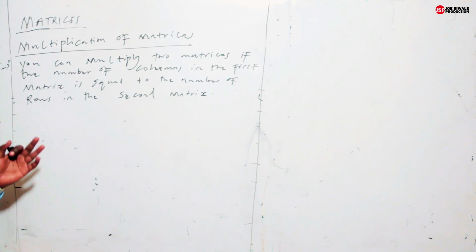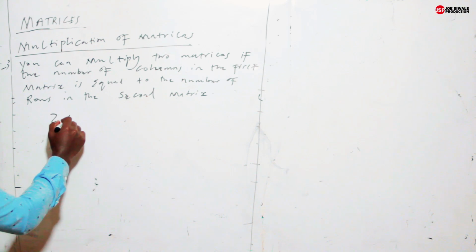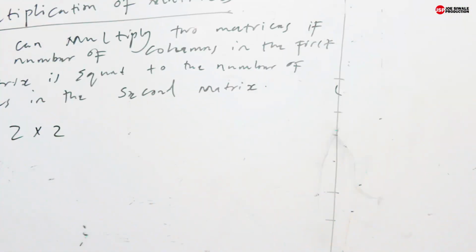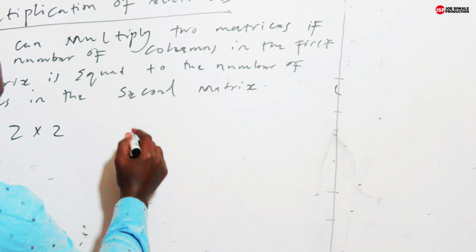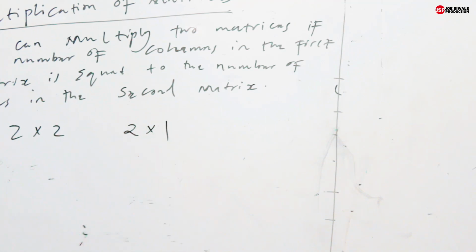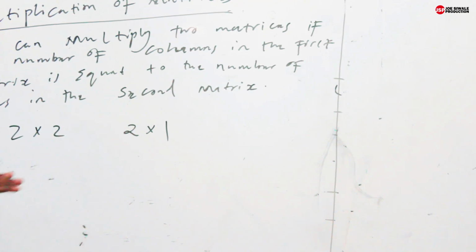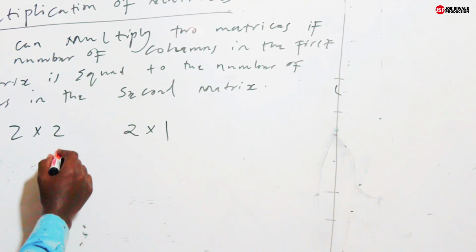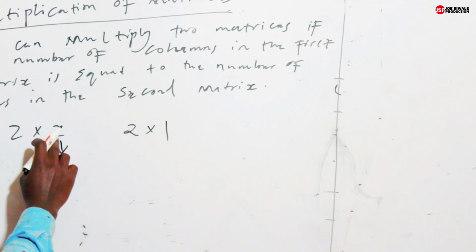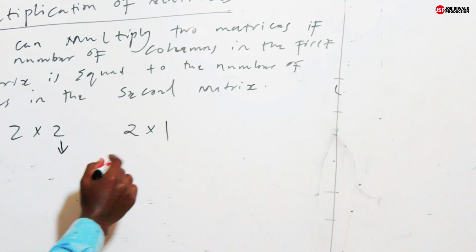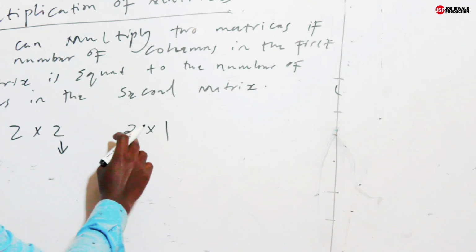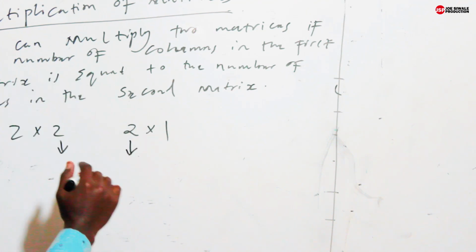And just giving the order of the matrices. So if you have a 2 by 2 matrix and you also have a 2 by 1 matrix, that means that you can multiply these two matrices. And the reason is because the number of columns here in the first matrix is equal to the number of rows in the second matrix.